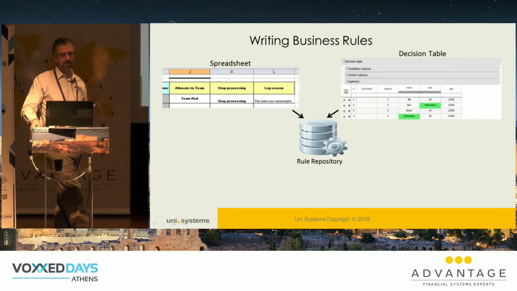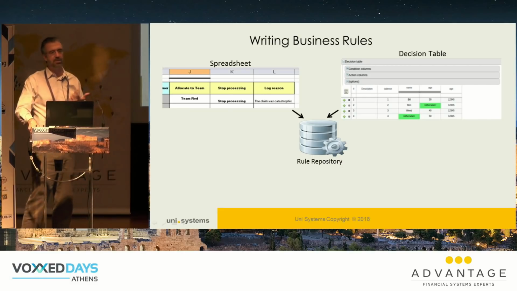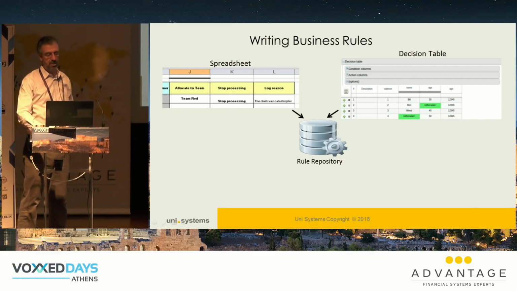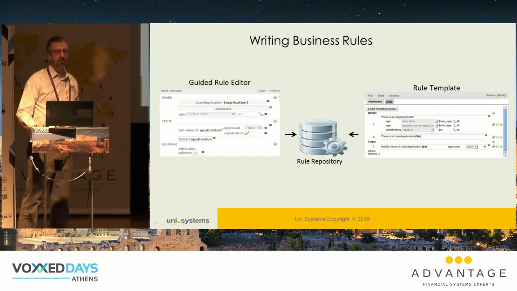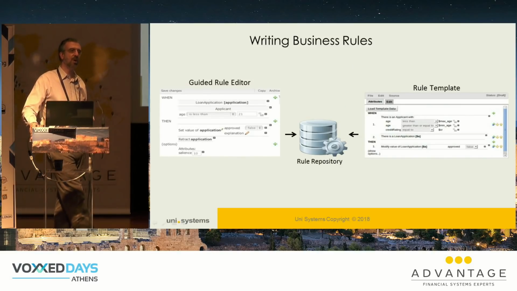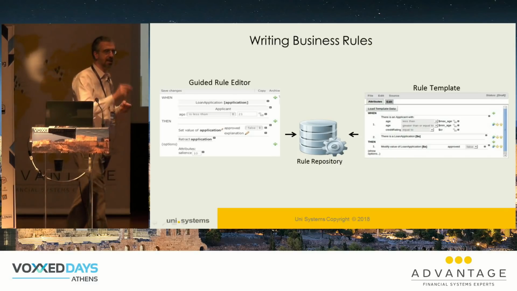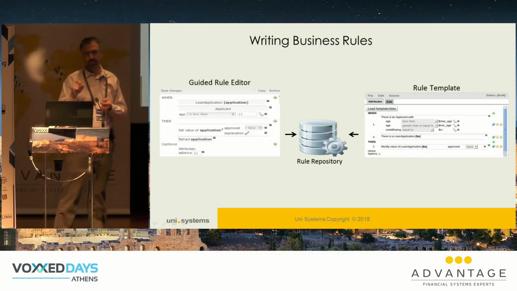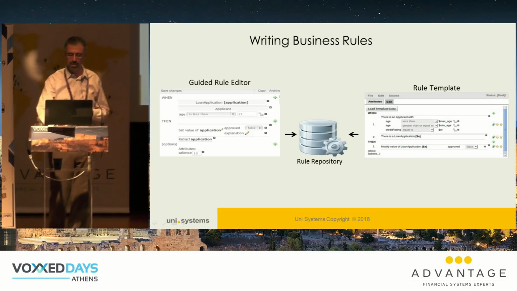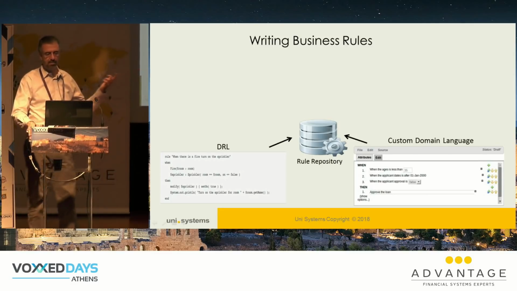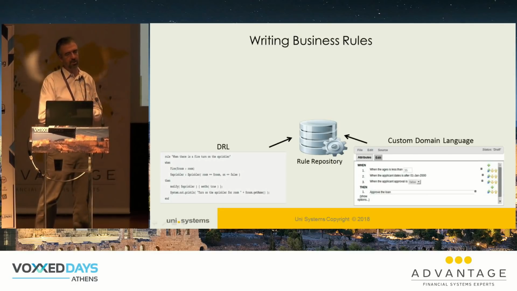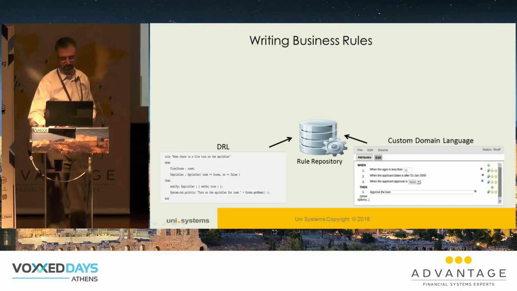But for business users, you can have Excel spreadsheets, decision tables inside the rules, or a guided rule editor where you can have many complex rules, but the business user does not need to understand the DRL. They can just put in the values that they want. You can also have rule templates. We talked about DRL, and you can even create your own custom domain language.